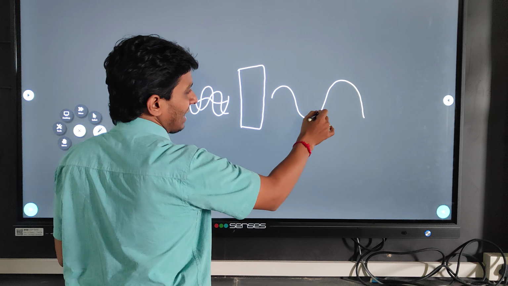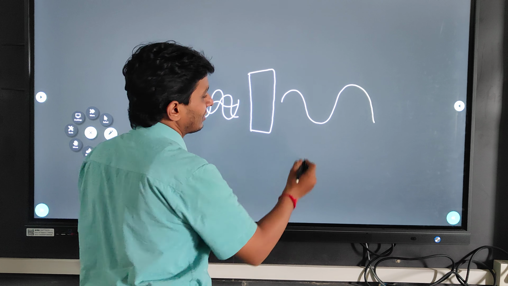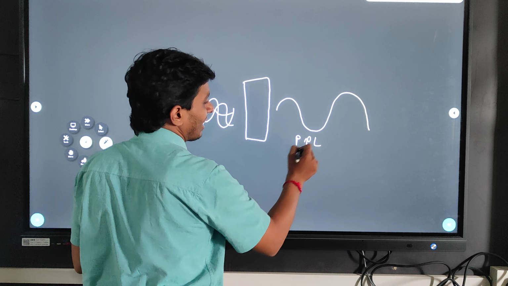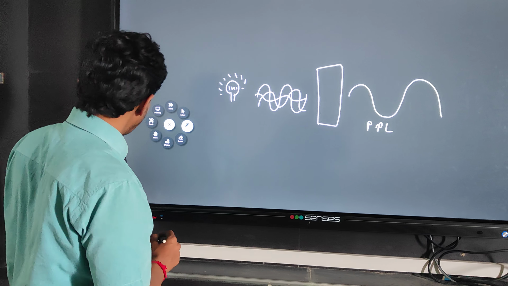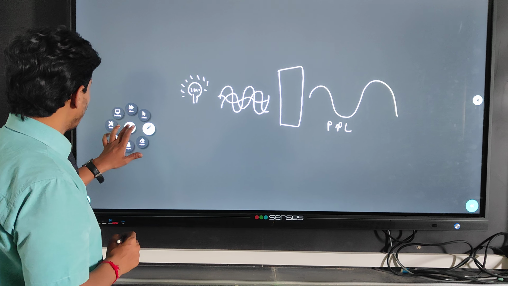Light having a single vibration is called plane polarized light. This plane polarized light is important.